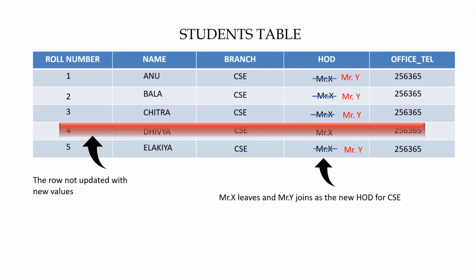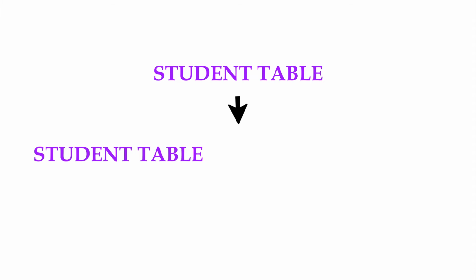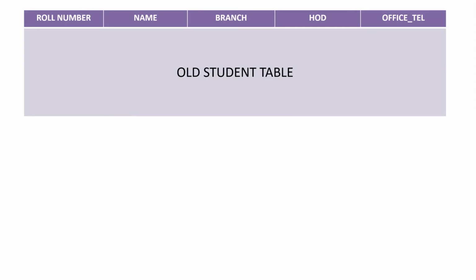So these are all the problems with the data redundancy. So how will normalization solve all these problems? Let us see. The student table is split into two, that is student table plus branch table. Let us see how it looks. This is the old student table containing roll number, name, branch, HOD and office telephone number as the attributes.